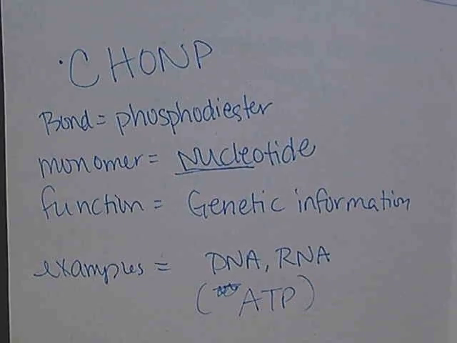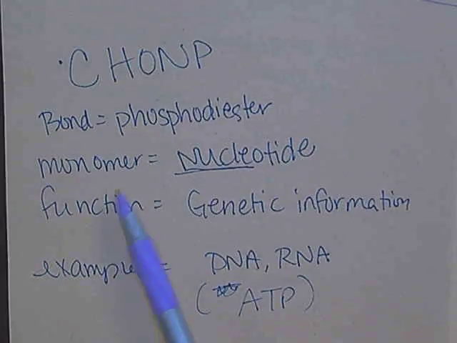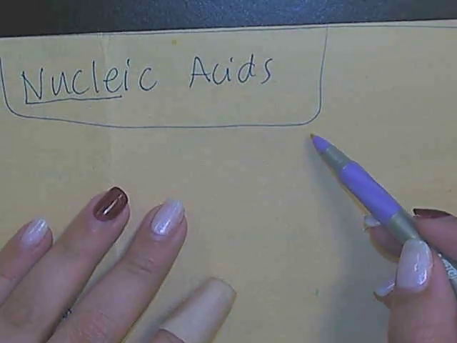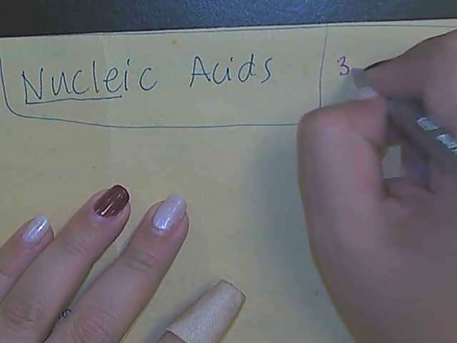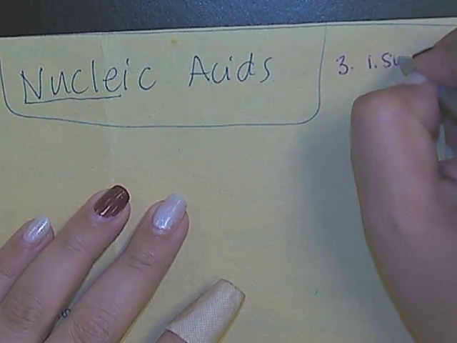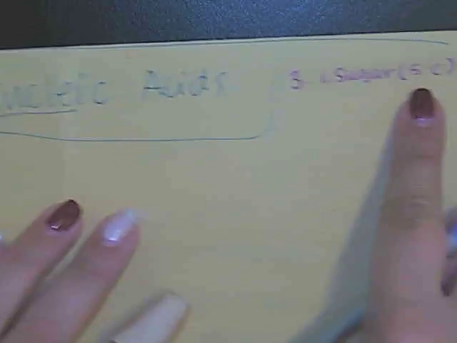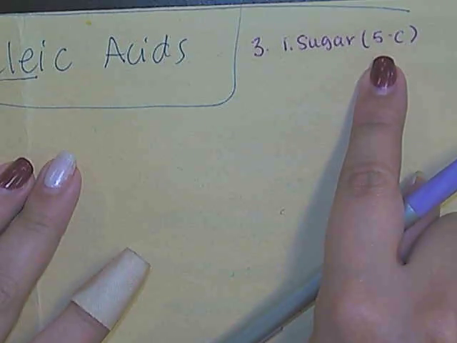We're going to look at now how the structure of the nucleic acids affects their function. To do that, we're going to go into detail about the monomer, which are the nucleotides. So our nucleotides are made up of three essential components. Number one, a sugar, and the sugar is going to be made of 5 carbons. Since it's 5 carbons, it's called a pentose.